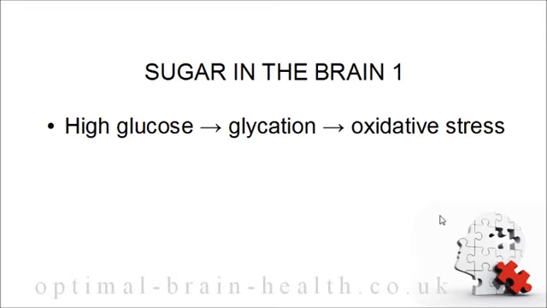So a lot of glycation can lead to oxidative stress, which is where the antioxidant defenses are put under strain by the excess of free radicals being produced. So in short, a diet high in sugars and refined carbs, causing spikes and troughs in blood sugar and eventually insulin resistance, can build up over time and do a lot of damage in the brain that slowly degrades performance.